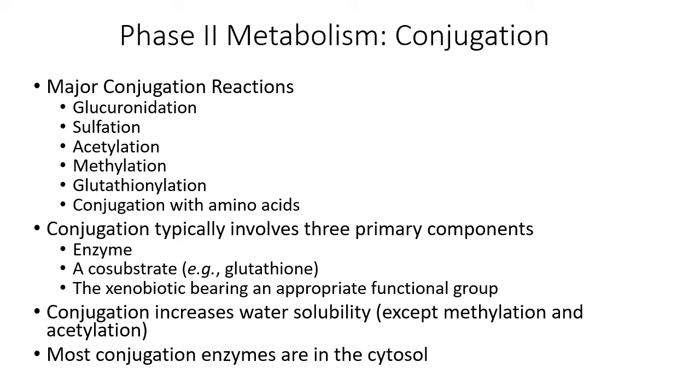And this is where I want to stop and say that you could administer a drug that already has the appropriate functional group. So remember, phase 1 doesn't absolutely have to happen. If you give a drug that's already possessing a hydroxyl group, it may go right to phase 2, right? You can bypass phase 1.